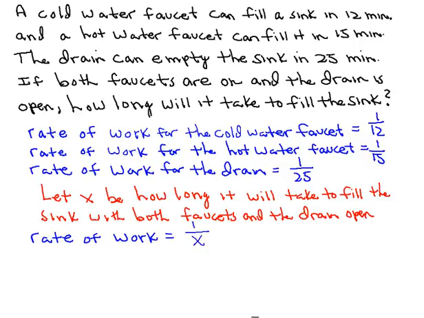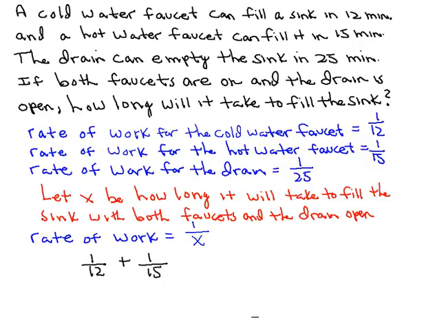divided by x. So the next question is, what equation would we need to write to solve the problem? If we think carefully about this, we know that both faucets being open contribute to filling the sink, so it would make sense to write the rate of work for the cold water faucet added to the rate of the hot water faucet, since they contribute to filling the sink.